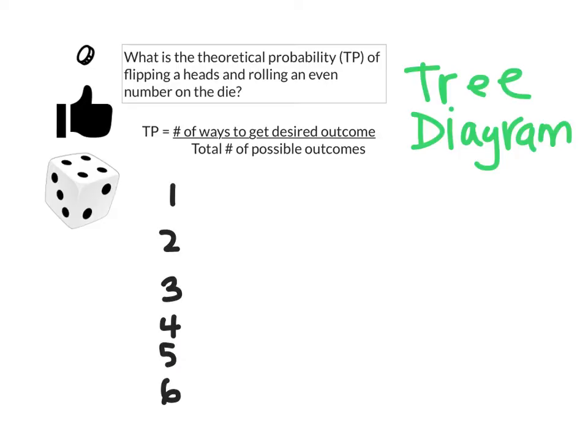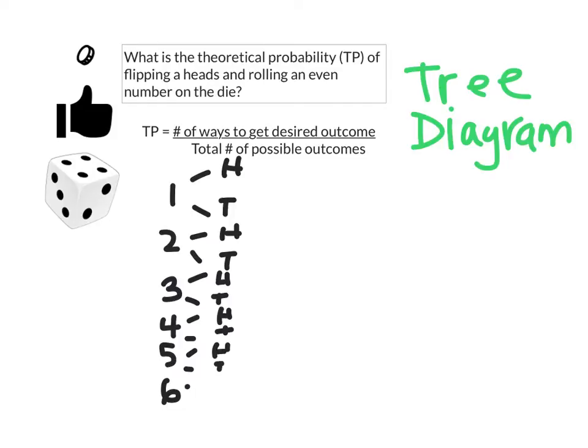Now, if I roll a 1, with that, if I'm doing a coin toss, I could also flip a heads or a tails. If I rolled a 2, I could get a heads or a tails. A 3, a heads or a tails. A 4, heads or tails. 5, heads or tails. 6, heads or tails.